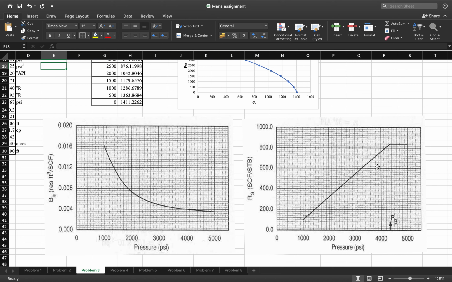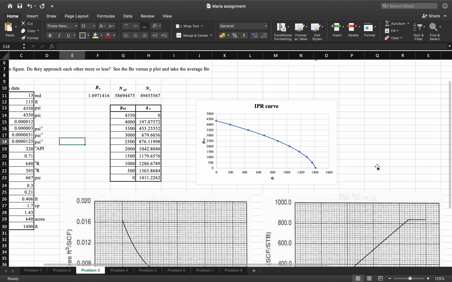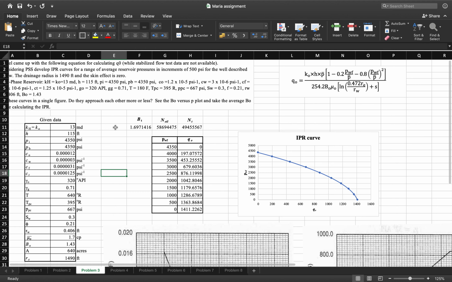So I will have some input parameters from the picture, so that I can calculate the Bt, the Rs, and the Bo, and also the flow rate.